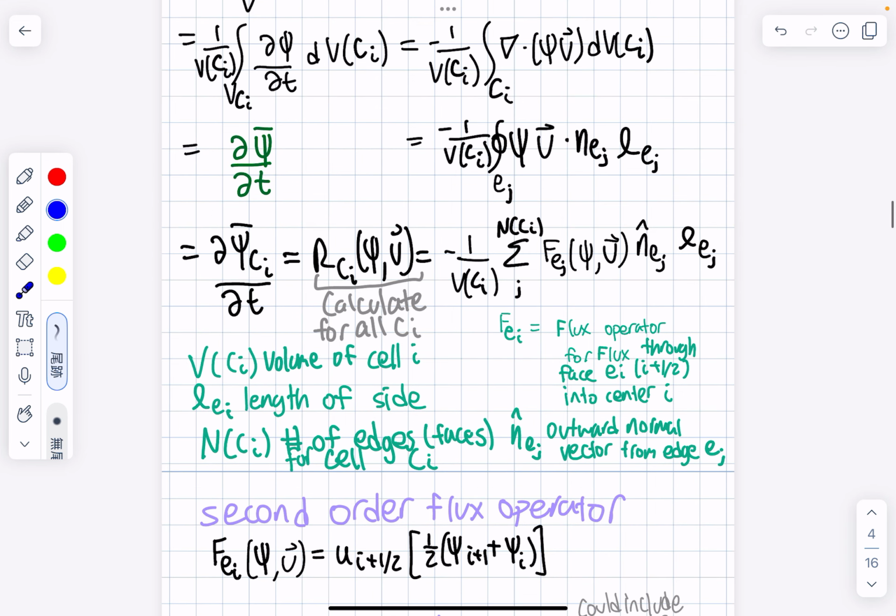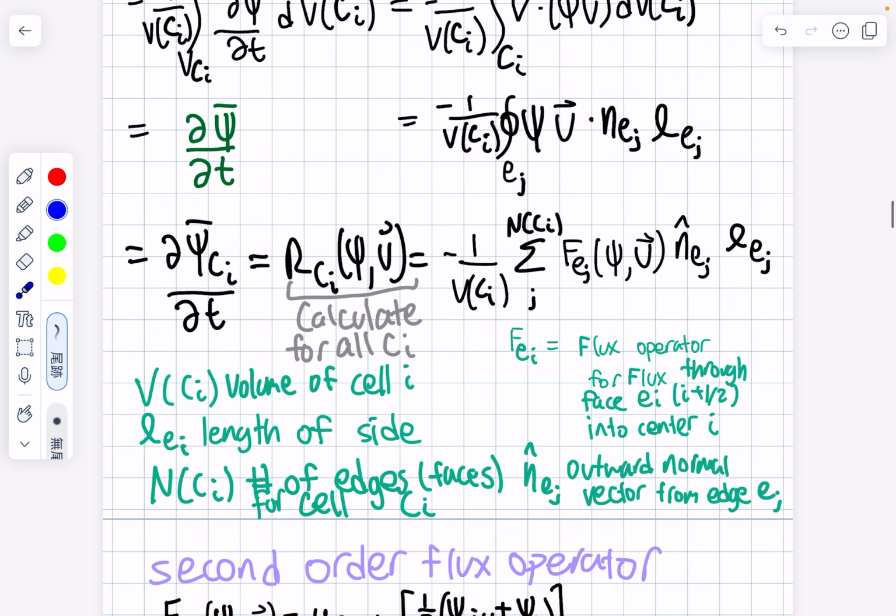So when we convert this integral, which is continuous, into a discrete sum, because we are doing this on a computer, we do not have access to continuous solutions in real life. So we sum over all j, over all, they call it the number of cells, but actually this is the number of edges.